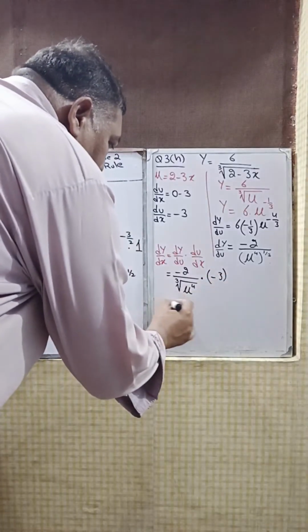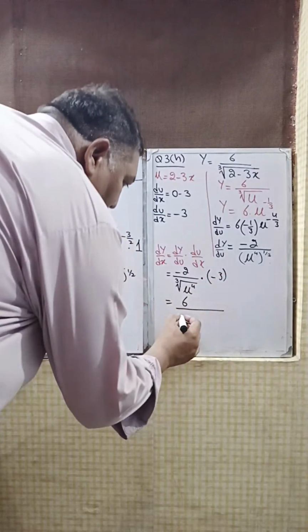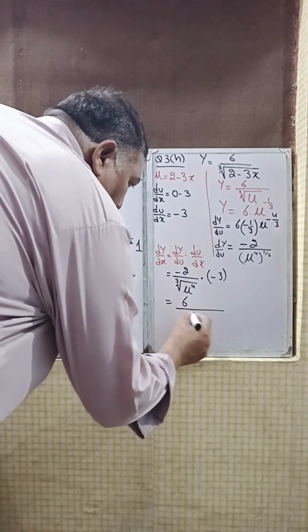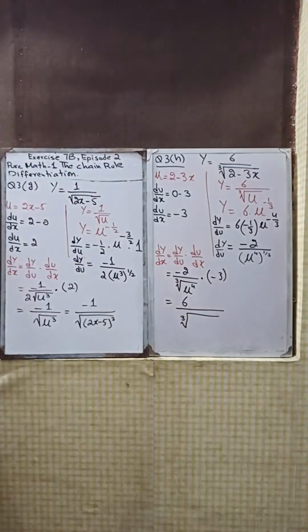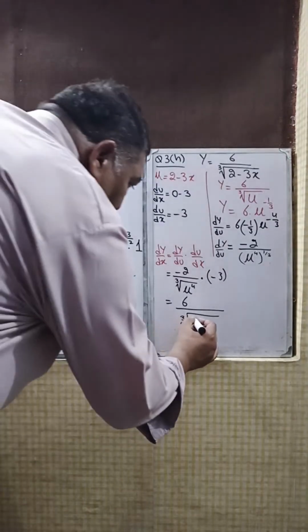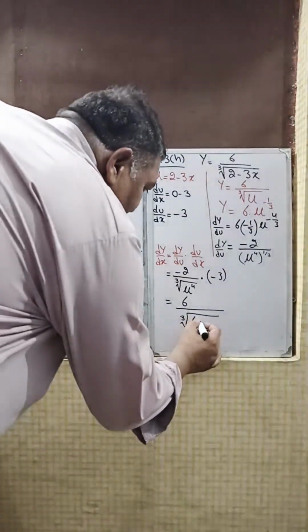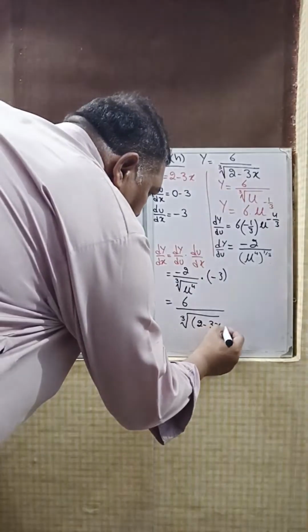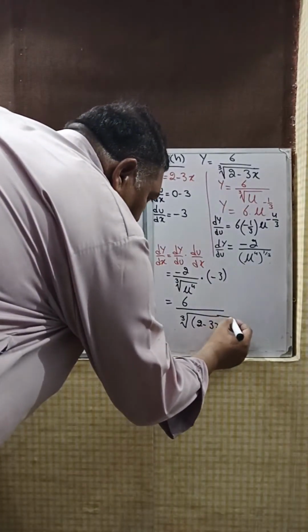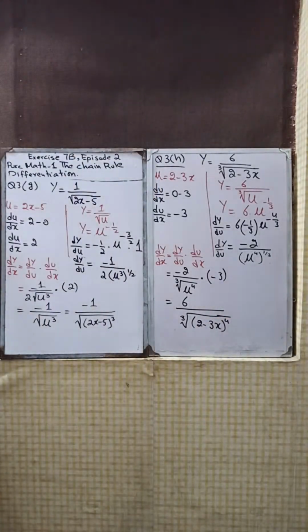Minus minus will become plus, this will become 6. So 6 over the third root of u^4. In u, put the value of u back here, that is 2 minus 3x, and this is raised to power 4. This is, I think, the answer.